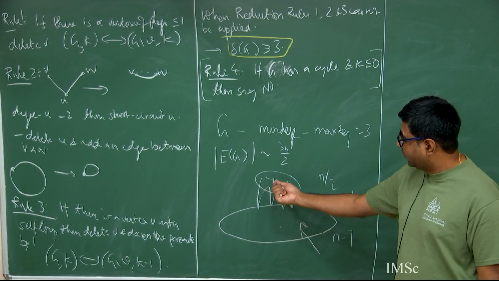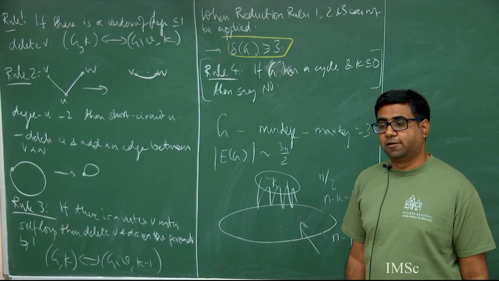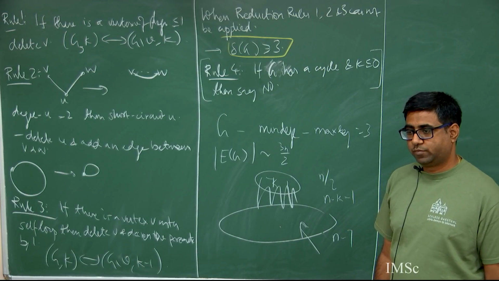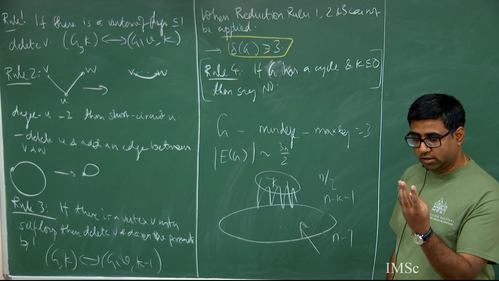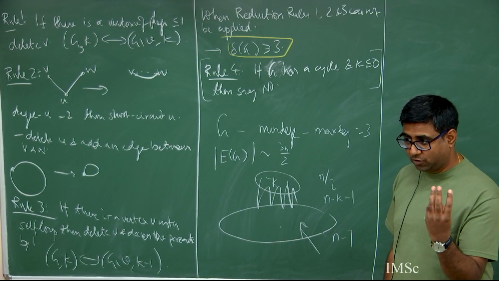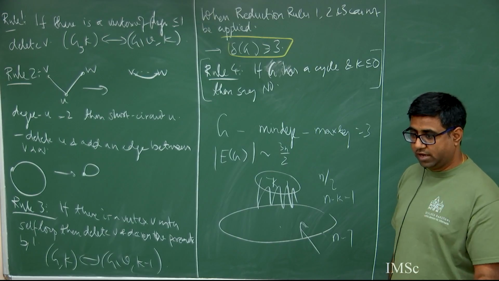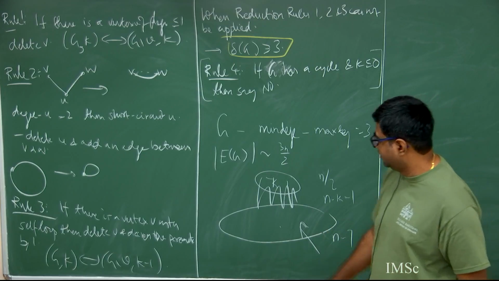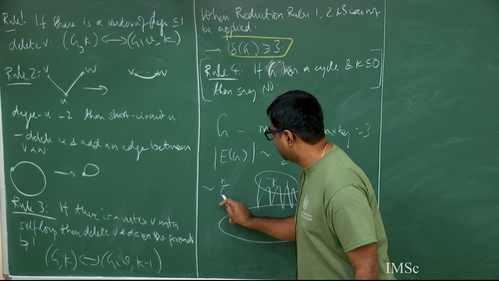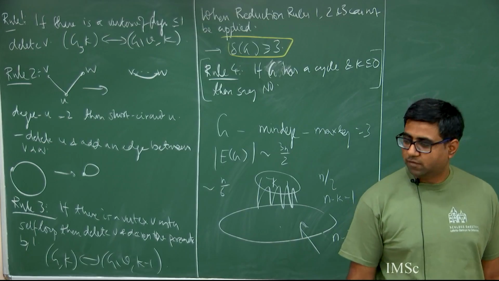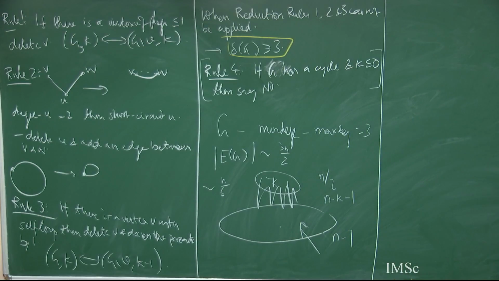Now if I delete one vertex, how many edges can I take care of? 3. Right? But I have to at least take care of n by 2 edges. So the feedback vertex set size should roughly be n over 6 at least. Otherwise you cannot manage. Do you get it?